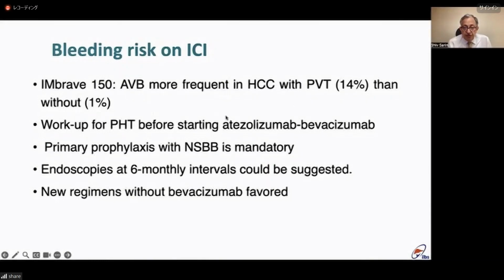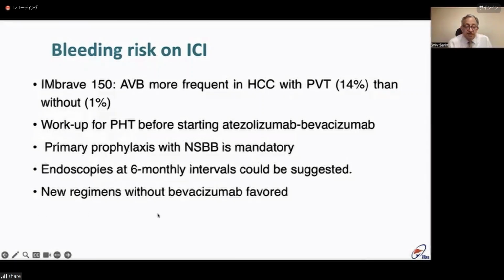However, before you start the combination therapy, atezo-beva, please screen for portal hypertension. Primary prophylaxis using non-selective beta blockers, carvedilol, is mandatory. Then do endoscopy every 6 months because the pressures may increase or portal hypertension might worsen.